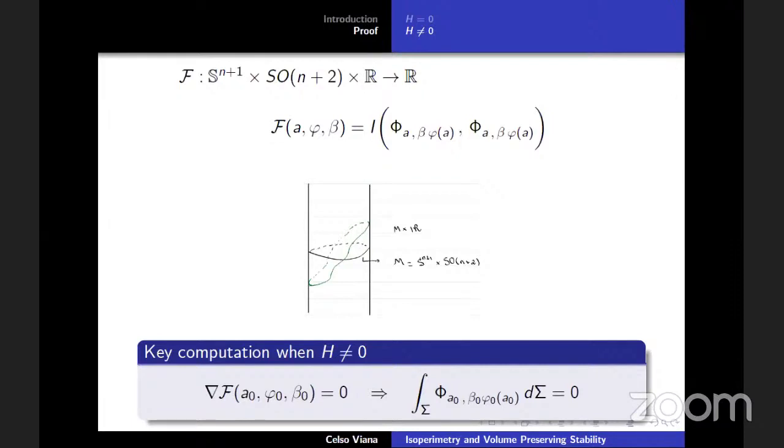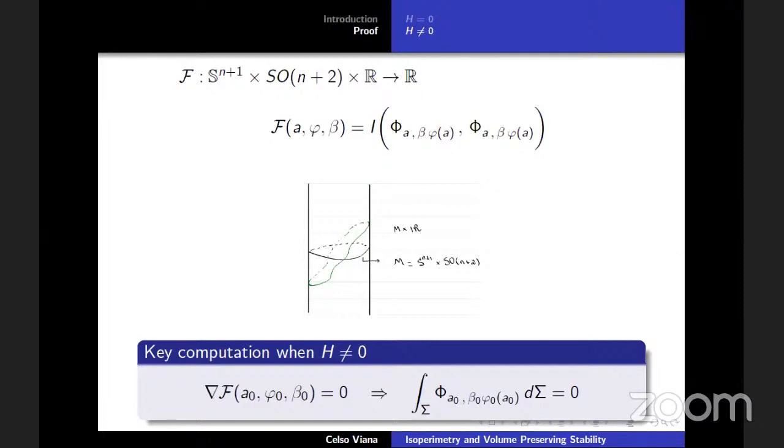So each coordinate function of that vector field is a good test function for the stability inequality. And it's important to highlight here that the mean curvature must be non-zero, because if the mean curvature is zero, the functional is constant on the variables phi and beta, okay?